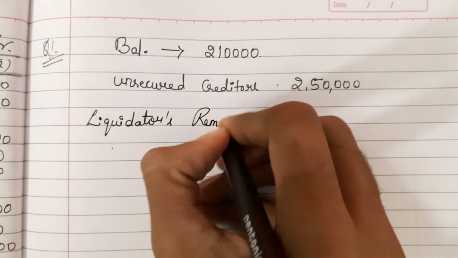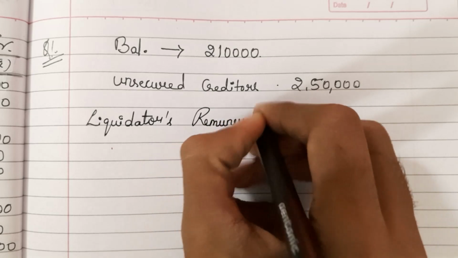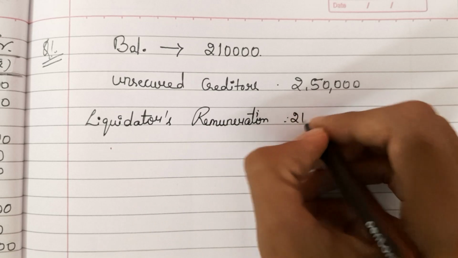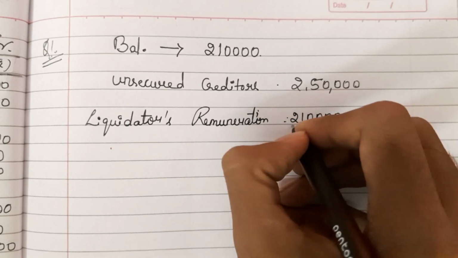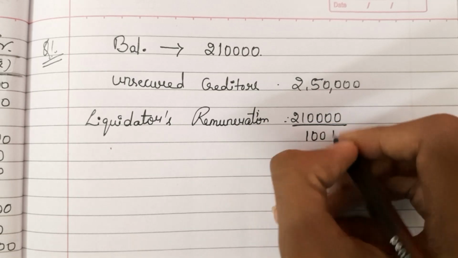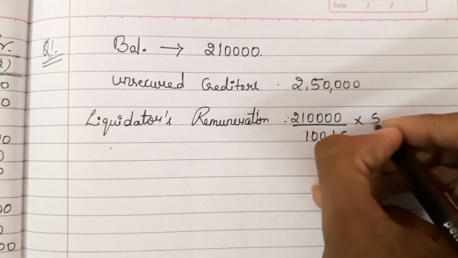Liquidators remuneration. Now the liquidators remuneration is 2,10,000, the amount available, divided by 100 plus 5, into 5.